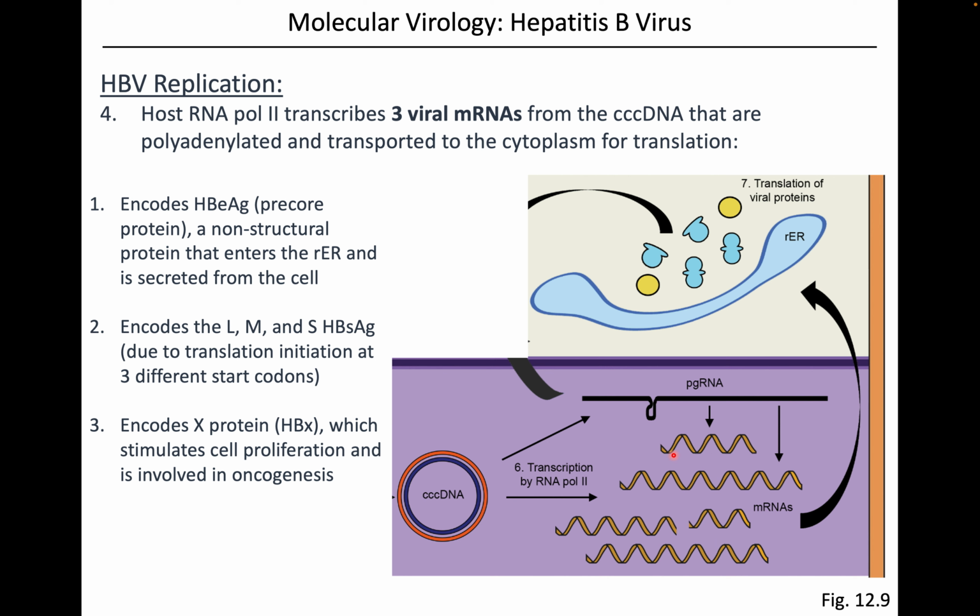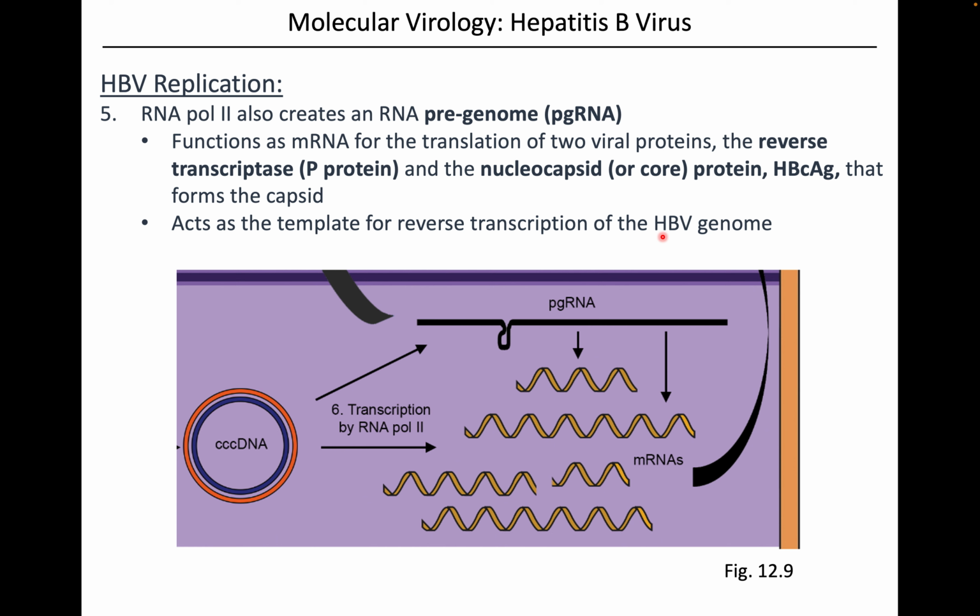But we have these messenger RNAs. Obviously, if you remember your basic biology, those are having to leave the nucleus, getting translated by ribosomes out in the cytoplasm. And I said I would argue there's really 4 messenger RNAs because we are also going to create this pregenomic RNA, pgRNA, that you see here. It has this little hairpin loop in it that we'll revisit in a minute.